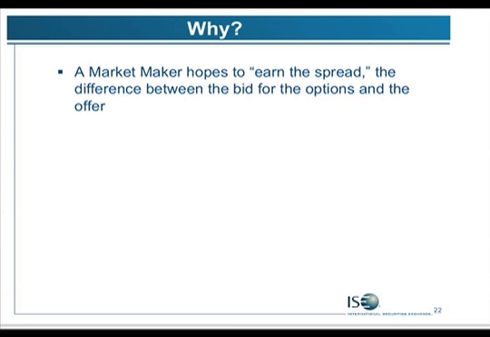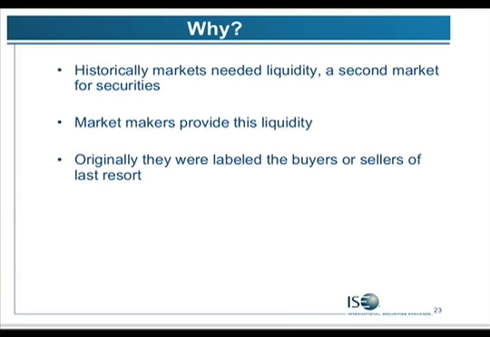Or the dollar might not move, and you might find some option strategies that would benefit from lack of movement. So it would be up to us to decide what our viewpoint is. These market makers provide liquidity, so that's great. They provide this second market for the options. They're buyers and sellers of last resort.